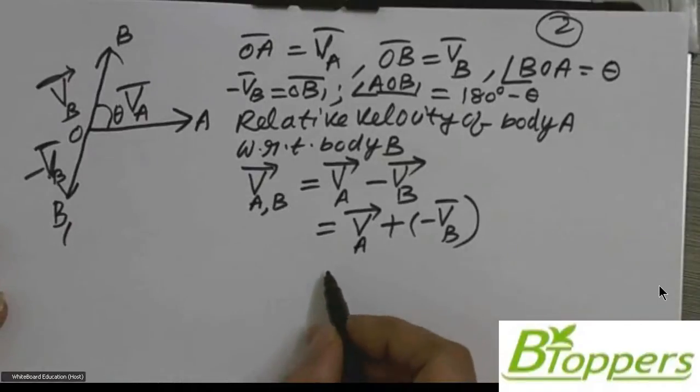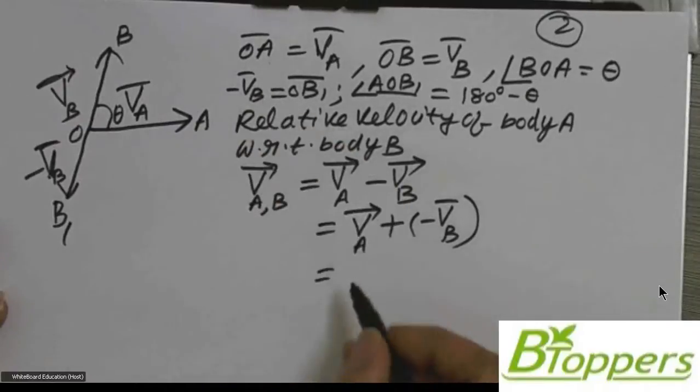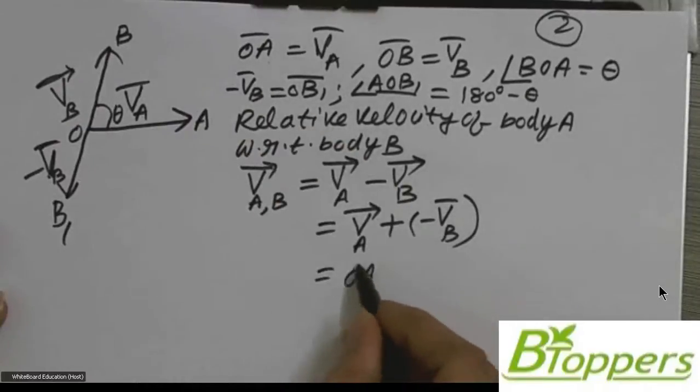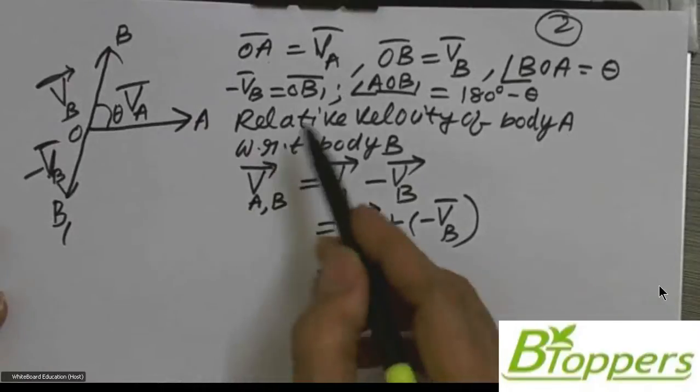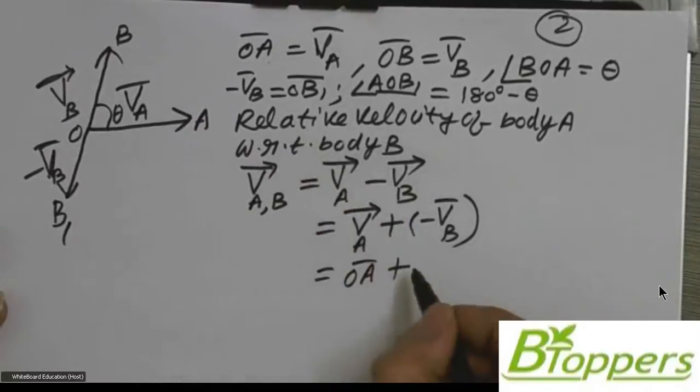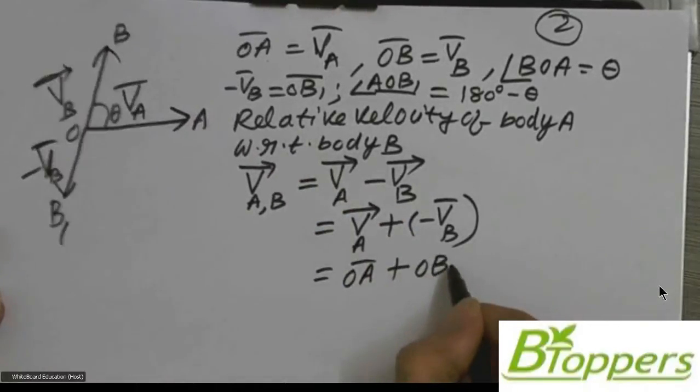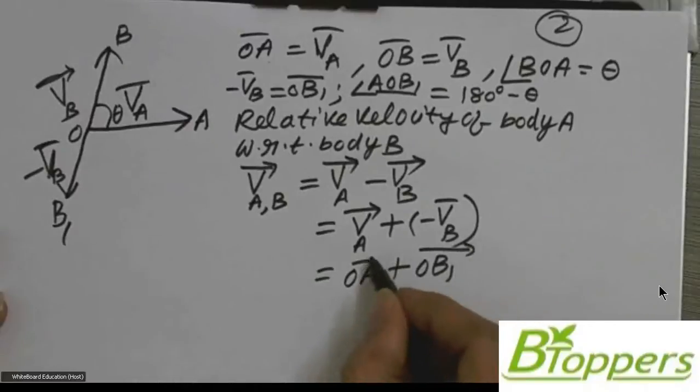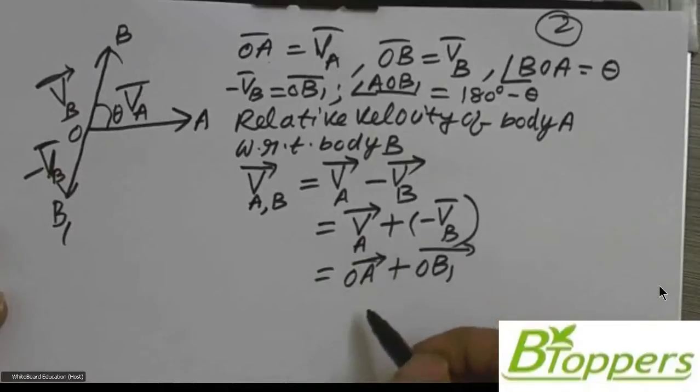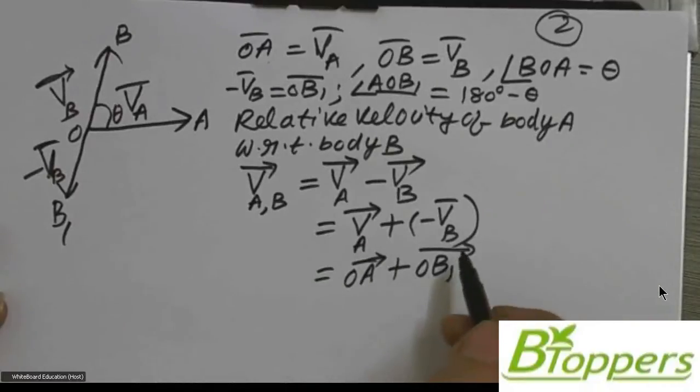So the velocity vector VA bar is represented by the direct line segment OA bar. The vector minus VB bar is represented by the direct line segment OB1 bar. So we can substitute VA bar equal to OA bar and vector minus VB bar equal to OB1 bar.